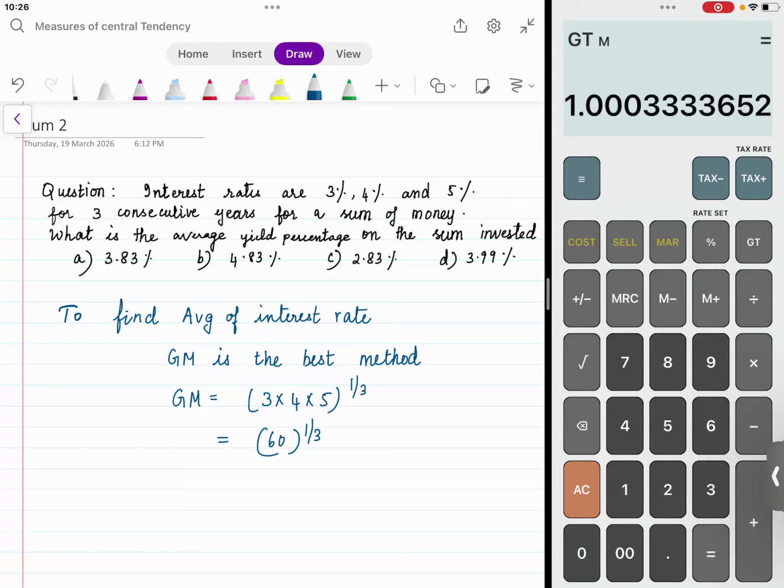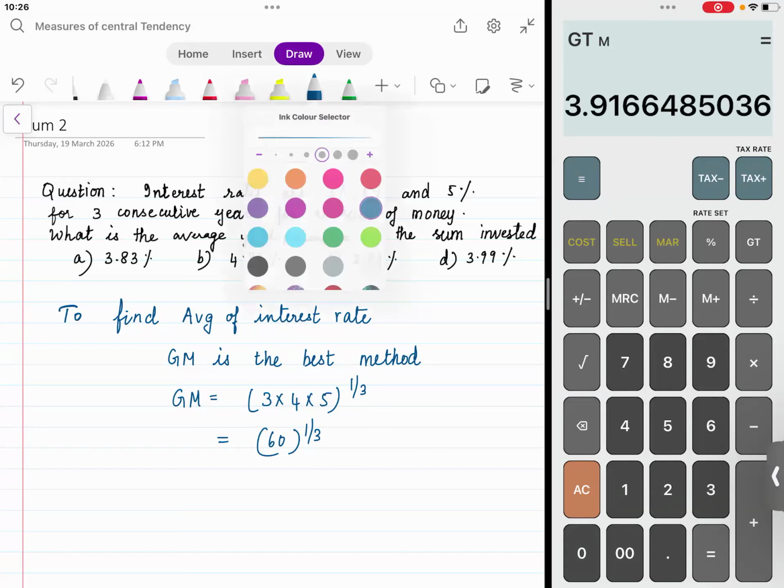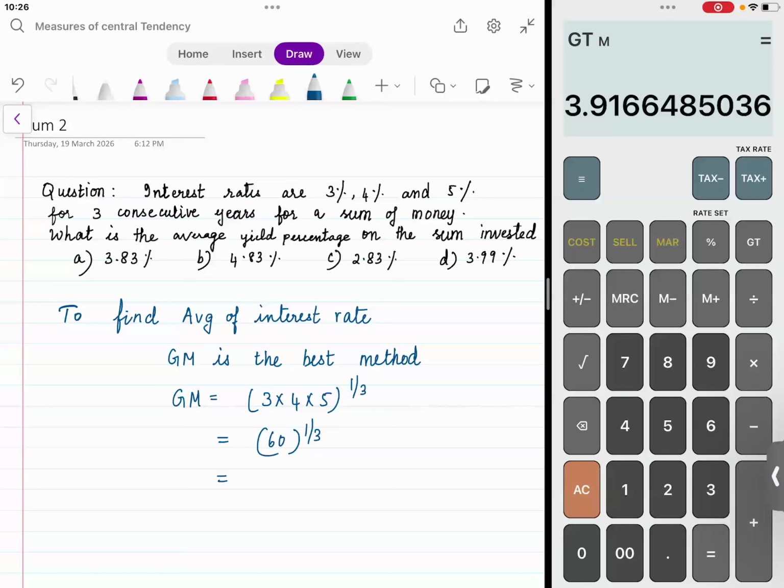And then again, I'll press into and equal to simultaneously for 12 times. So I'm getting 3.916, which is rounded to 3.99% in the option. That's only the closest.